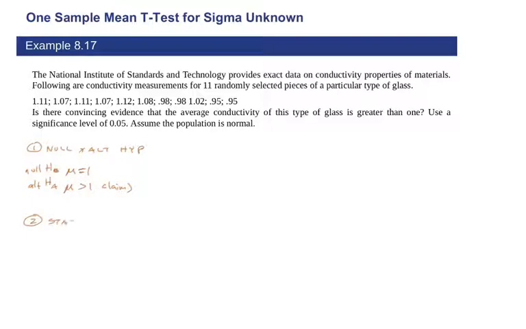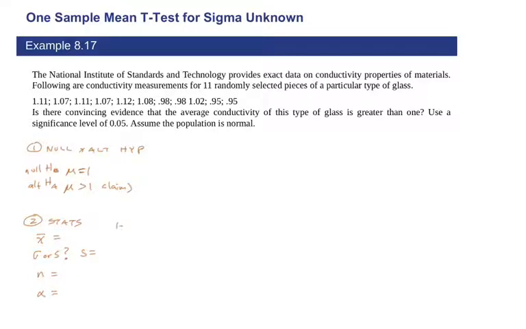Our second step, we're going to get our stats and our data here. So x bar, and then the question is, are we doing sigma or s? We've talked about this a little bit already, where this is going to be an s because we're using a t distribution here. Our n and our alpha. In this step, we want to get all of our data.